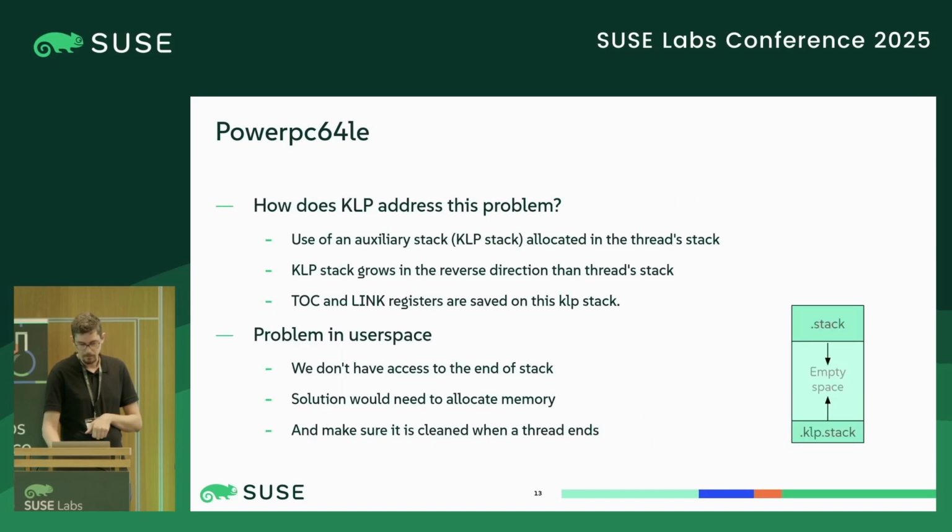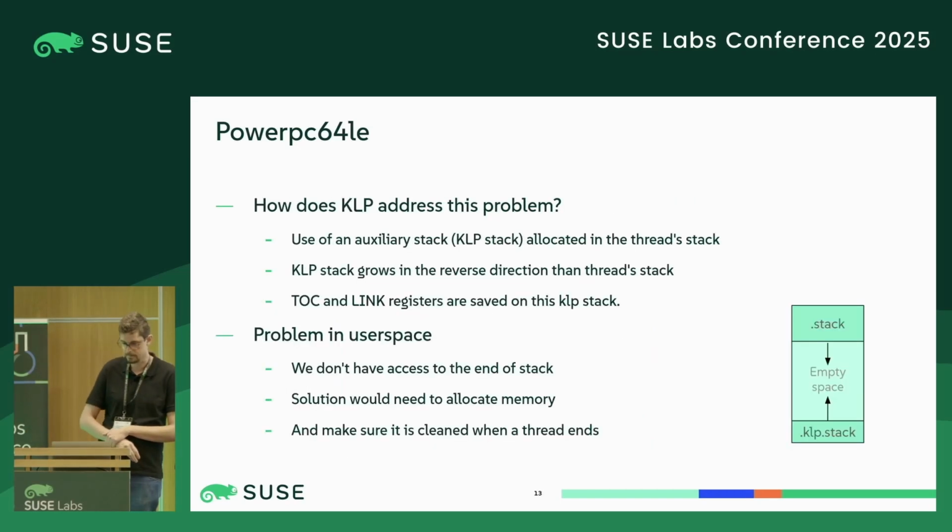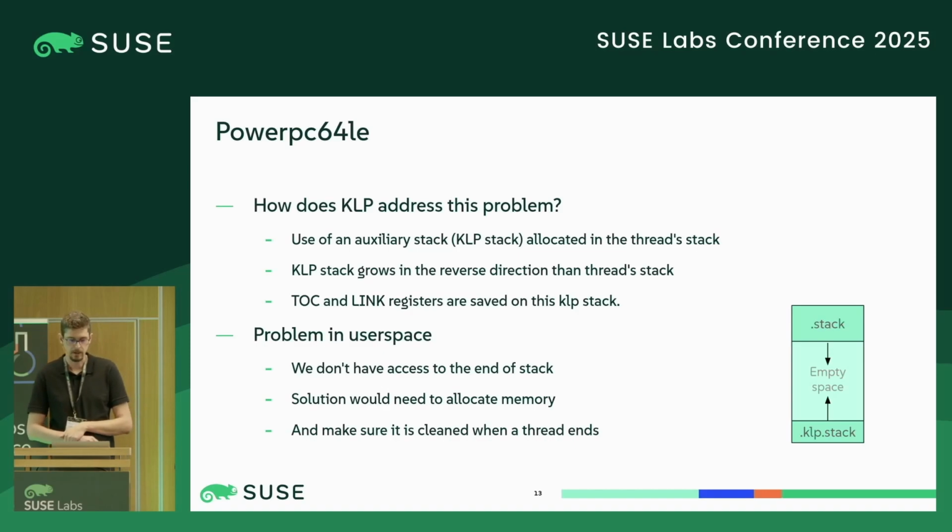So we started looking at how the kernel developers fix this problem, because the kernel actually managed to do it correctly. The way they do it is they create an extra stack, the kernel livepatching stack, that grows in the opposite direction from the thread stack.